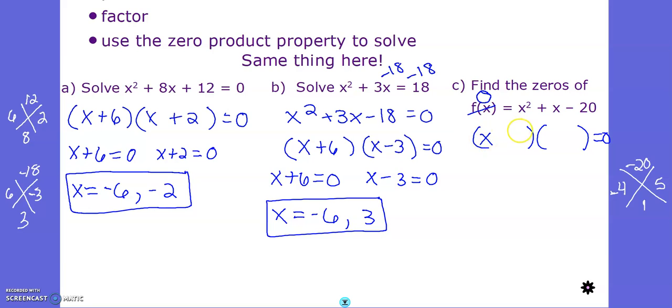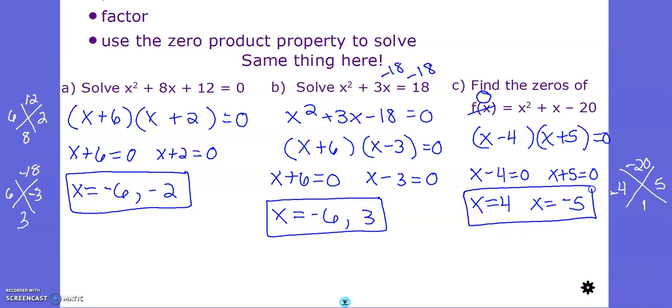So I'm going to go ahead and put that into my factors and set each factor equal to 0 to solve. I get x equals 4 and x equals negative 5. You can write your answer that way, or you can write x equals 4, comma, negative 5. Either way, it's correct.